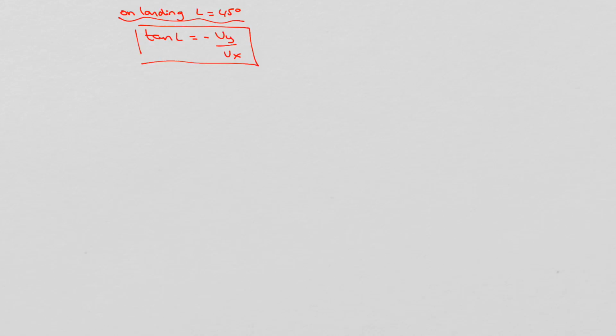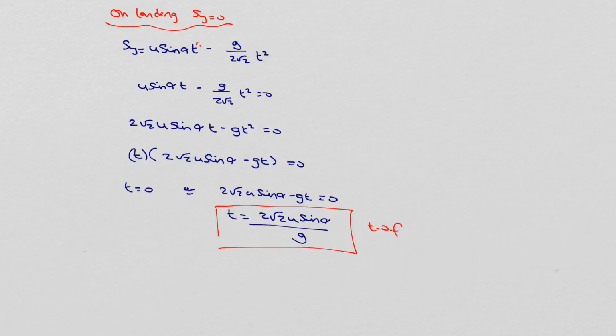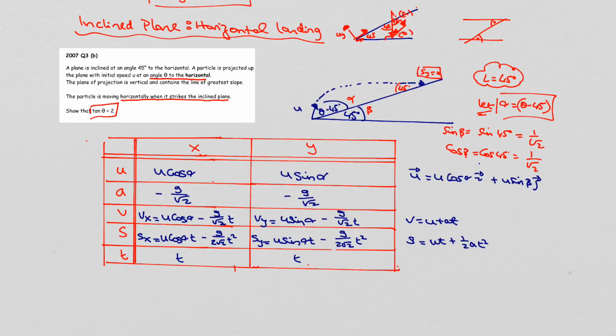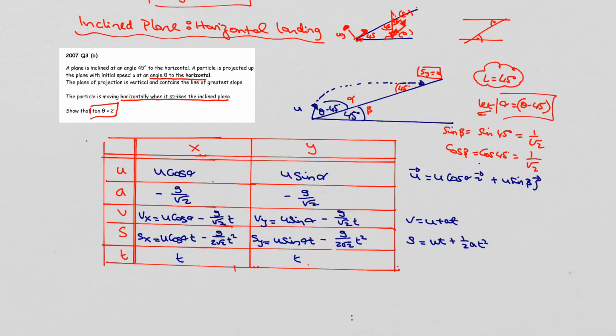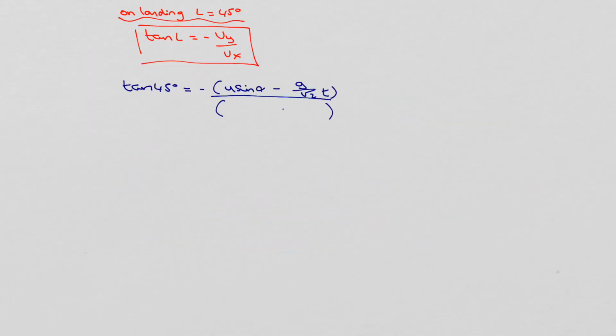Okay, so L is 45 degrees, so therefore that's tan 45. Vy, if I go back to my table, we said was u sine alpha minus g over root 2 t, over our Vx, and our Vx, if we go back, is u cos alpha minus g over root 2 t.